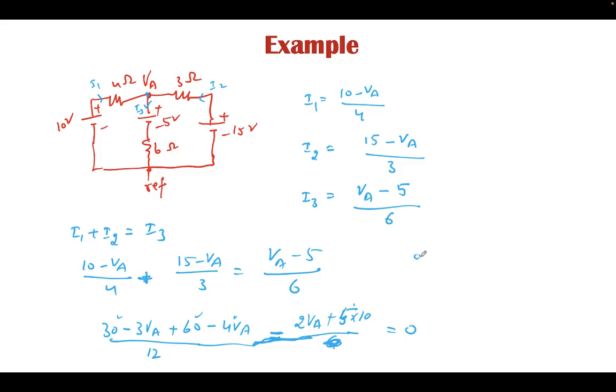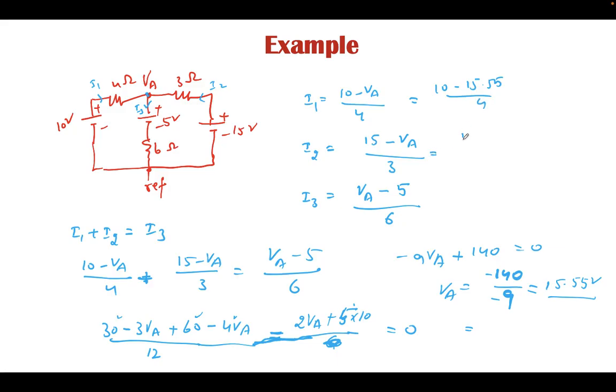It will be 9VA. Then 90 plus 50, 140, and hence VA is equal to 140 divided by 9, which is equal to 15.55 volt.